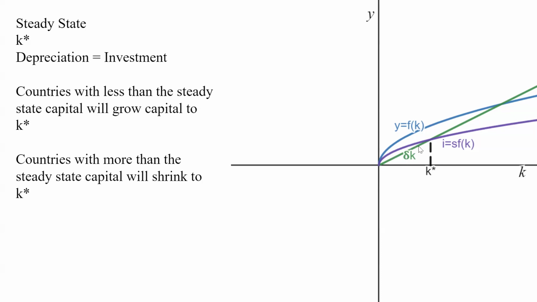And as they get closer and closer to K star, the growth rate will get smaller and smaller until they reach K star, which is equilibrium. And similarly, countries with levels of capital per worker higher than K star will reduce their capital per worker until they reach K star.